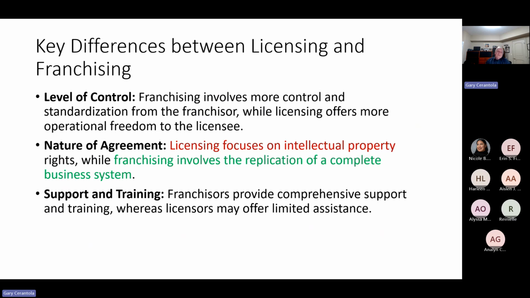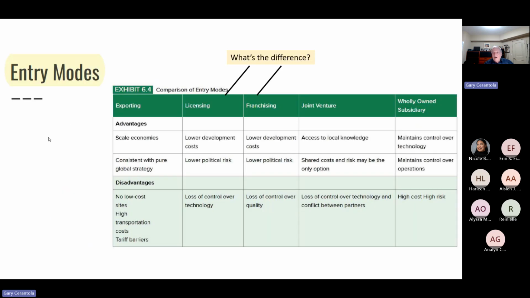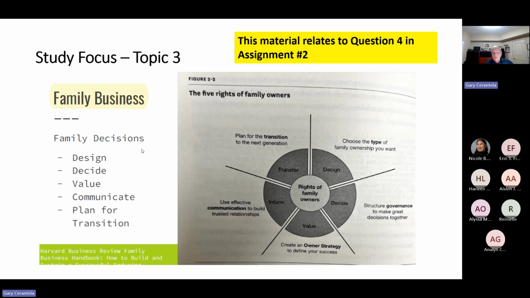Basically, at McDonald's, the new franchisee owner has to go to McDonald's University and learn everything there is to do to make a consistent McDonald's product, right? Whereas licensors offer limited assistance on what they'll allow. So here's another table that shows you that.